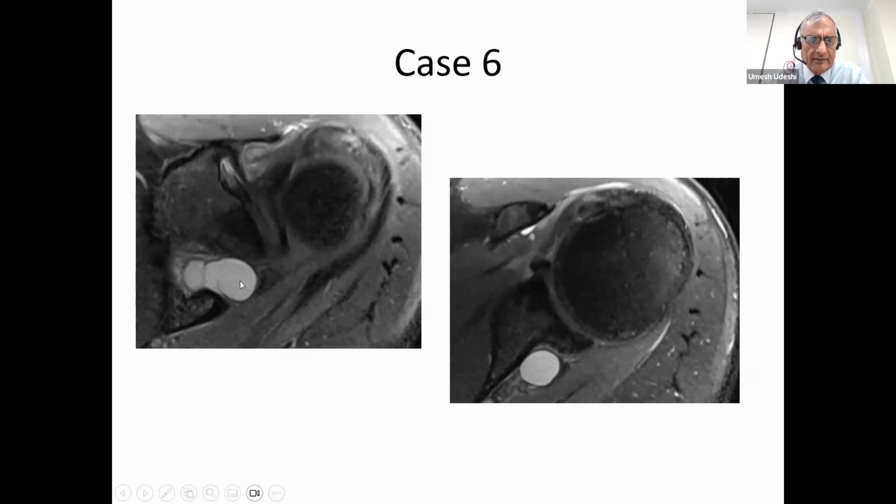What's going on here? What's this fluid containing structure close to the bony glenoid posterior surface? Nice, round, well-defined structure next to the glenoid, full of fluid.